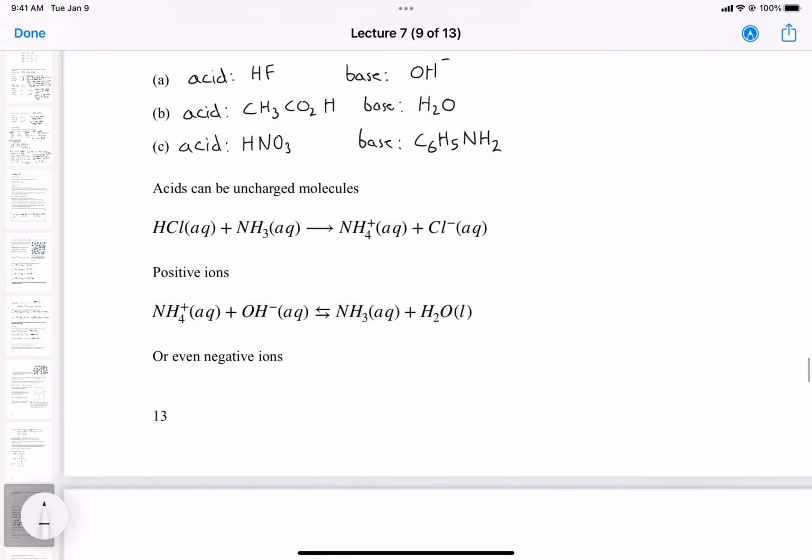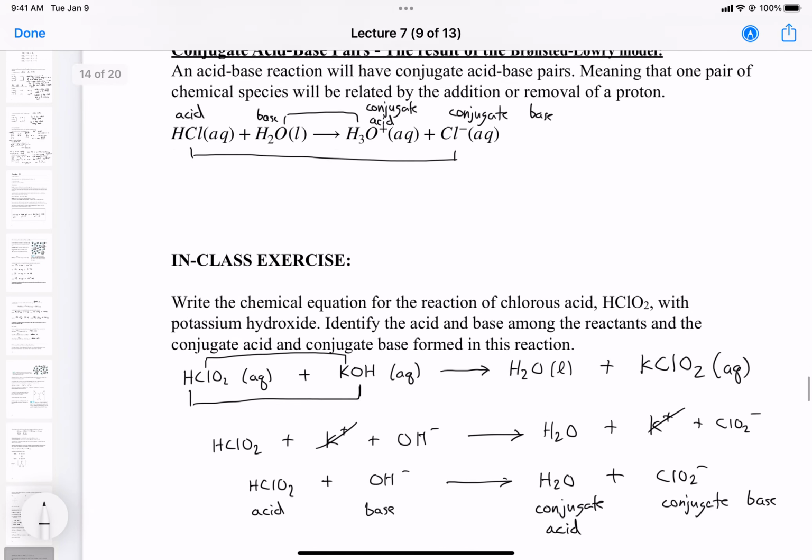So when we have these double-headed, double directional arrows here, that indicates that the acid or base is weak and doesn't completely dissociate to ions. When there's only a single arrow, like in this example, we see that everything completely reacts to go to ions in solution. And that's what a strong acid or base does.